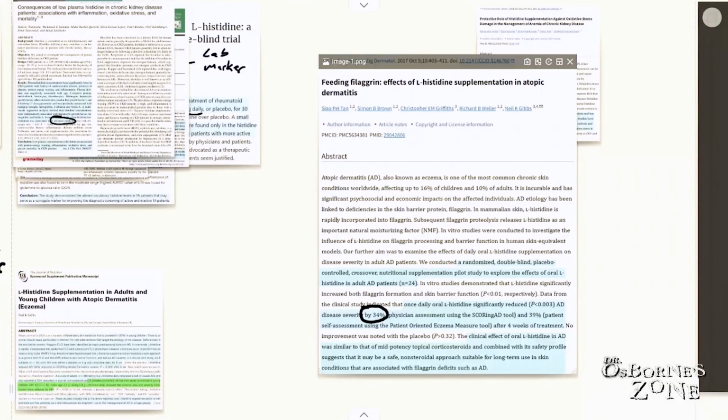That's more than a third reduction using a physician assessment scoring tool. That's quite significant when you consider that it's an amino acid that is low cost to humans and has a low side effect profile, virtually a no side effect profile at these doses.